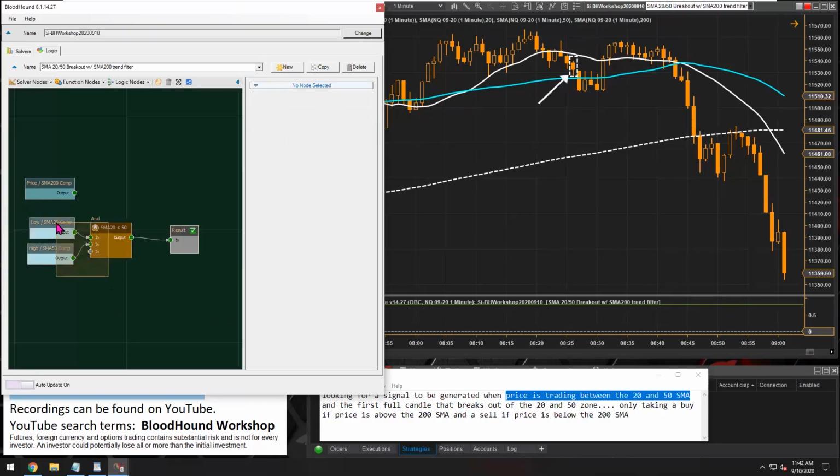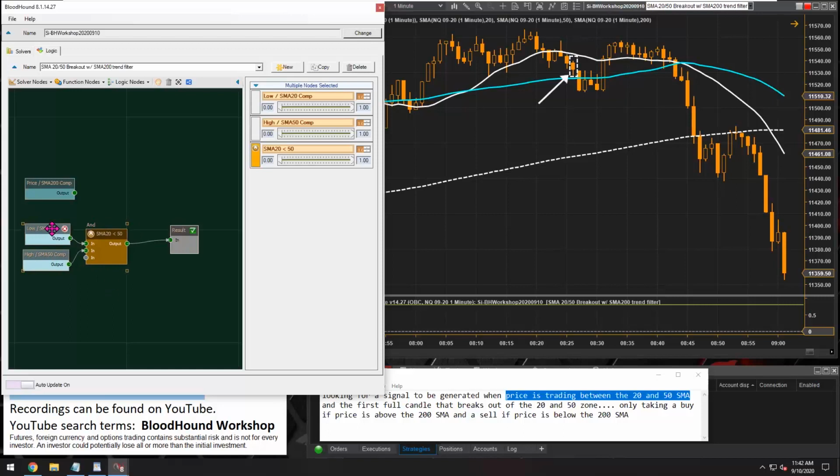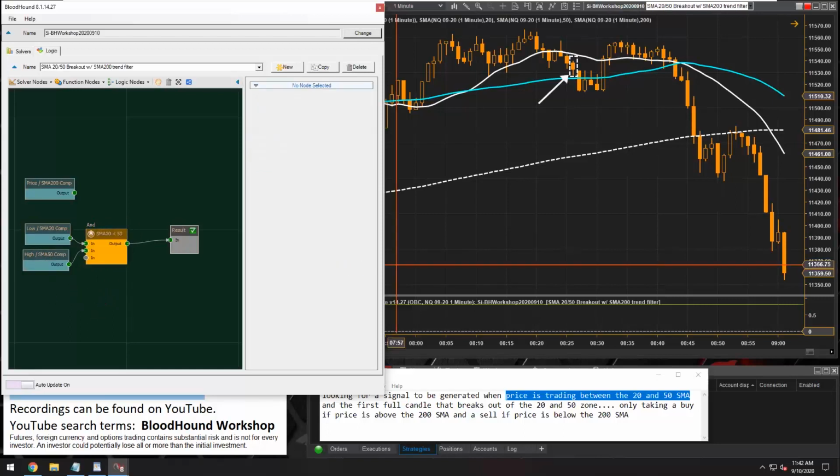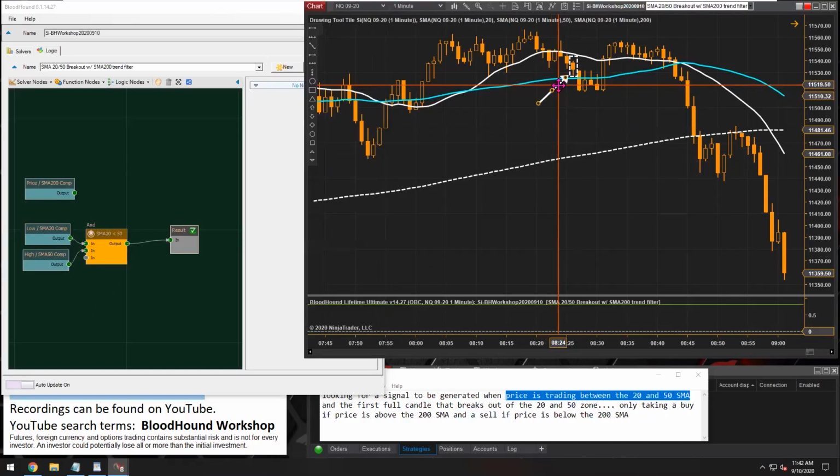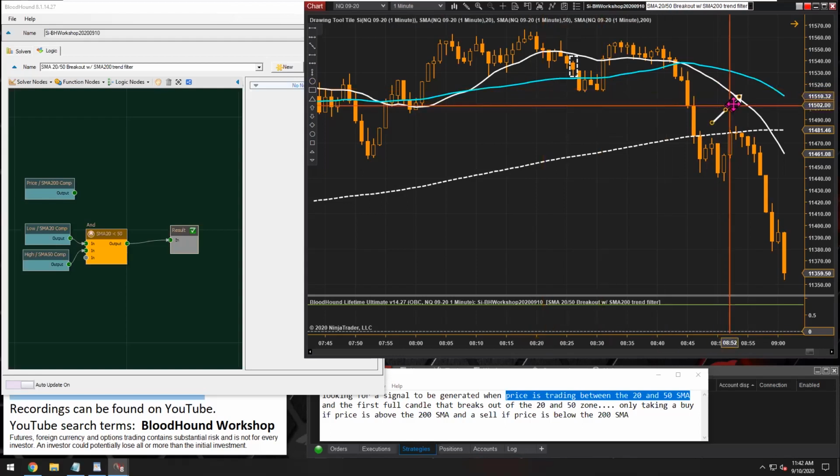Basically I need the same setup, but with the conditions reversed now, because when we're looking at the low price, the low price is now above the 50. So previously we were looking for the low price to be above the 20, but now we're looking for the low price to be above the 50.